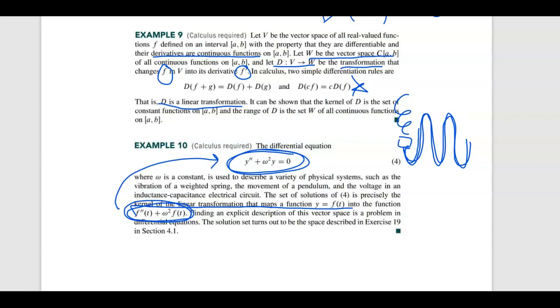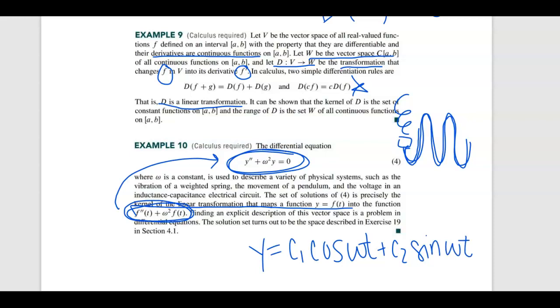So that's a very interesting example of a kernel, because the transformation in this case is taking the second derivative and plugging it into the solution. The solution curves, a constant times the cosine of omega t plus a constant times the sine of omega t, end up giving you the null space.